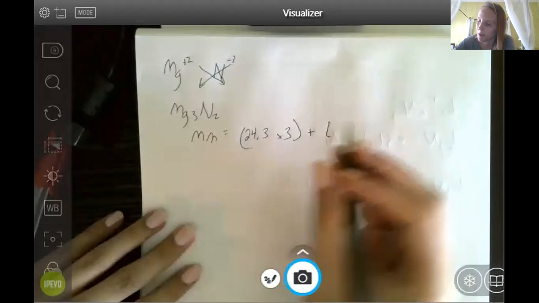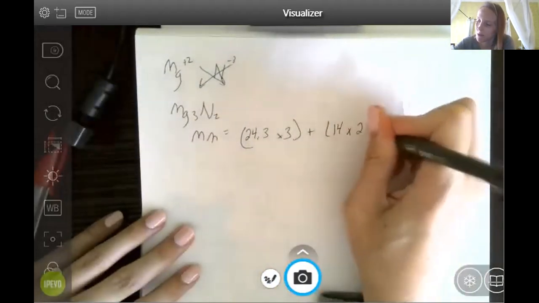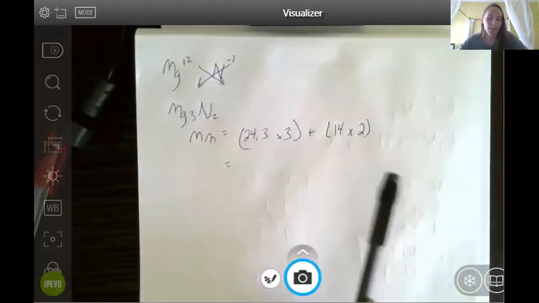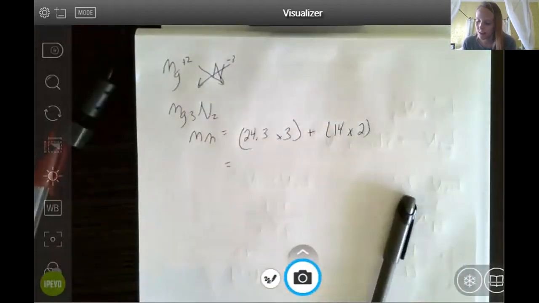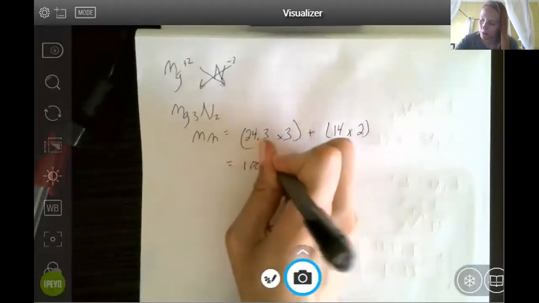Nitrogen on the periodic table has an atomic mass of 14. I'll times that by 2 because there are 2 nitrogens. And then I'll just solve for what that is. 24.3 times 3 is 72.9, plus 14 times 2, is 100.9.